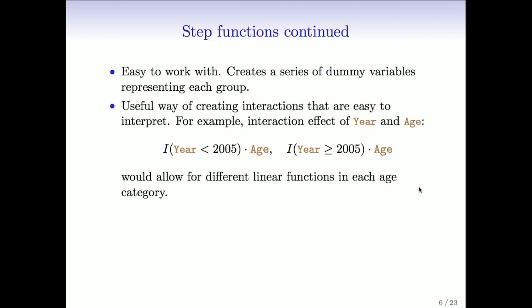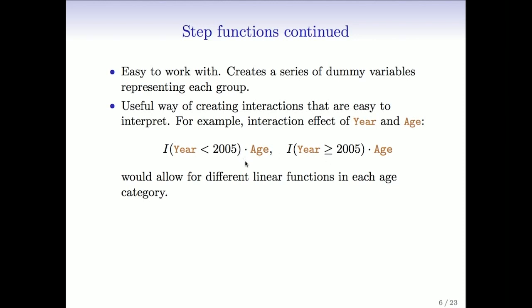It's also a useful way of creating interactions that are easy to interpret. So for example, think of the interaction effect of year and age in a linear model. What you can do is make a dummy variable of year. So let's say year less than 2005, and have another one, year bigger than or equal to 2005.